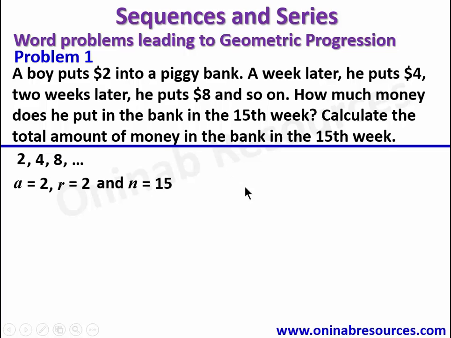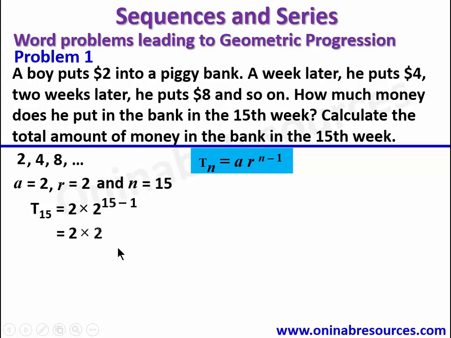So for a geometric progression, Tn equal to a r raised to the power n minus 1, and since we are looking for T15, we have T15 equal to a, that is 2 times 2 raised to the power 15 minus 1. Since n is 15, this will give us 2 times 2 raised to the power 14.